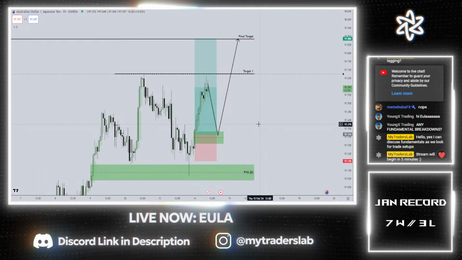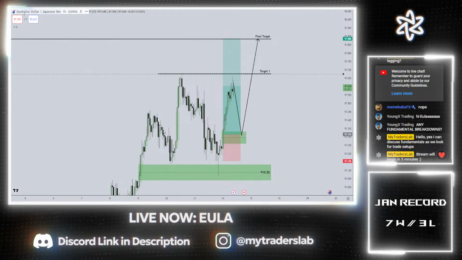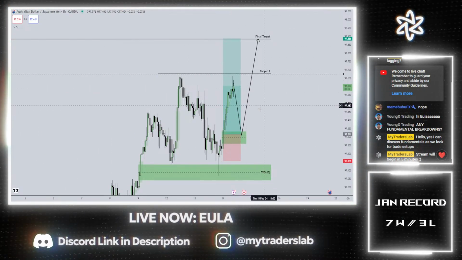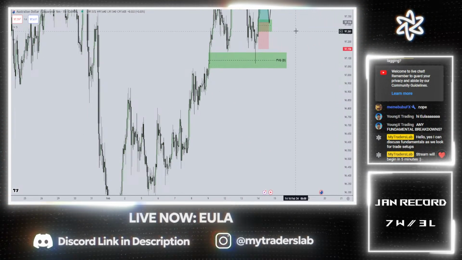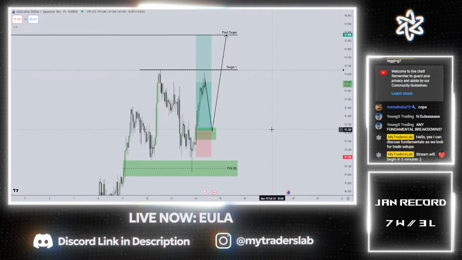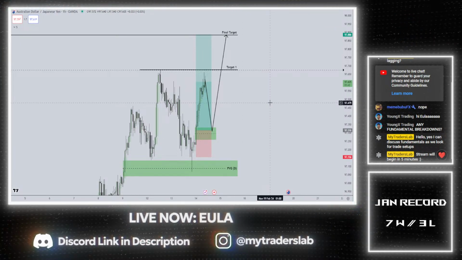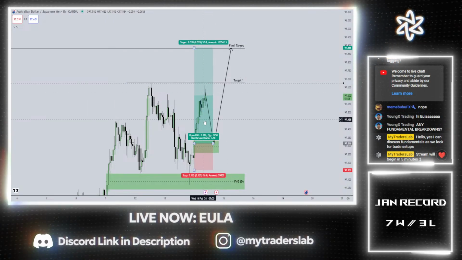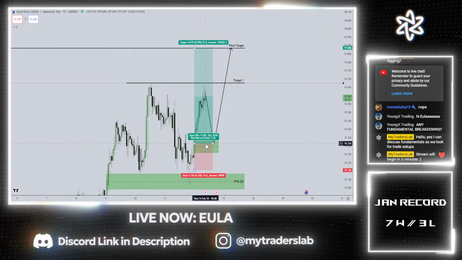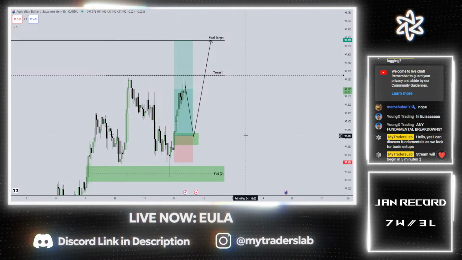I don't think this is a reversal play because it doesn't make sense for the Aussie Japanese yen to go into bearish momentum after this entire bullish leg, especially since we've respected this fair value gap on the daily time frame as well. So unless these targets are taken out, this trade is still going to remain valid. Because this target has not been taken out yet, we don't have to worry too much about it.